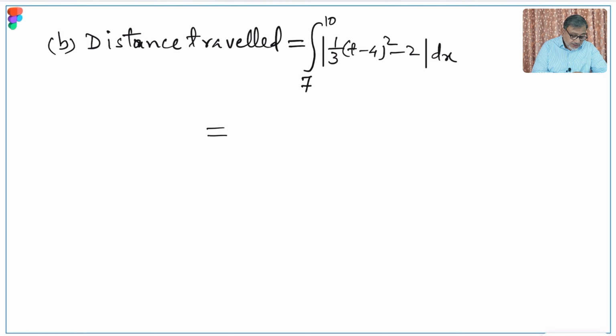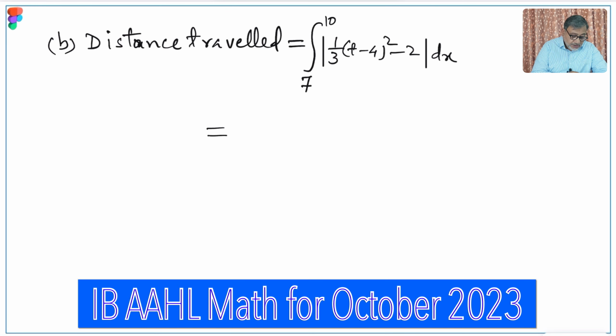So 1/3, then bracket x minus 4, because I cannot use t, x minus 4 bracket squared minus 2, from 7 to 10. So this is 15 meters, because it is meters per second. So the answer is 15 meters.